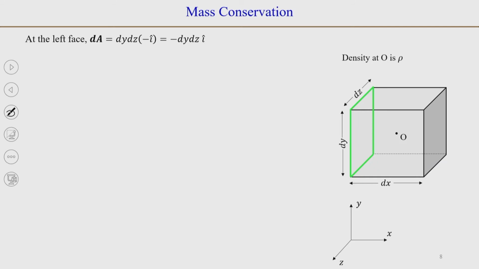The magnitude of the area on the left face will be the same, dy dz, as that of the right face, but the area vector will be pointing outward normal to this control surface. So, now it will be pointing out in the minus i direction. So, at the left face the area is equal to minus dy dz into i.